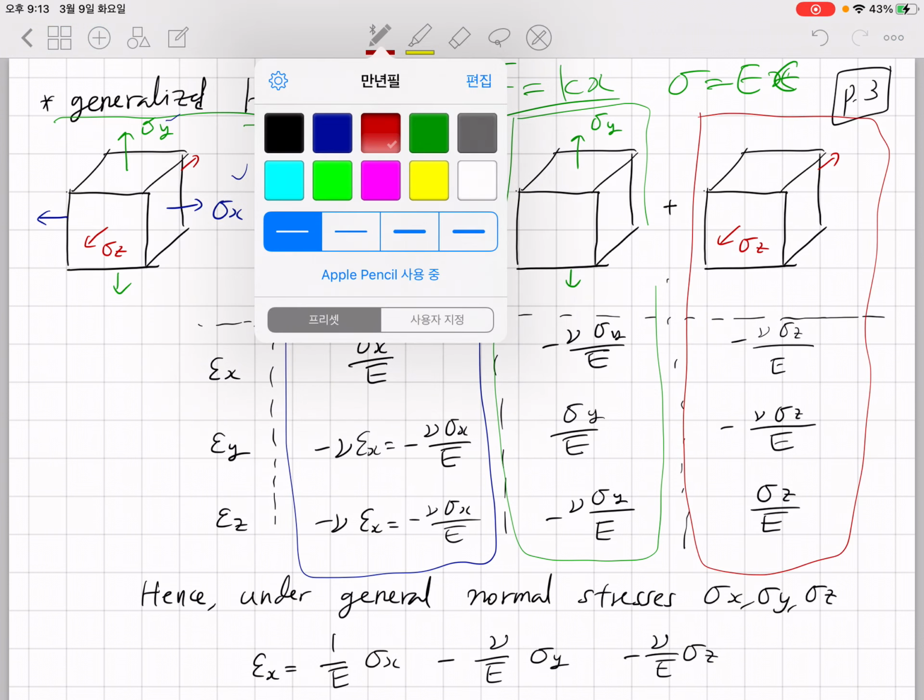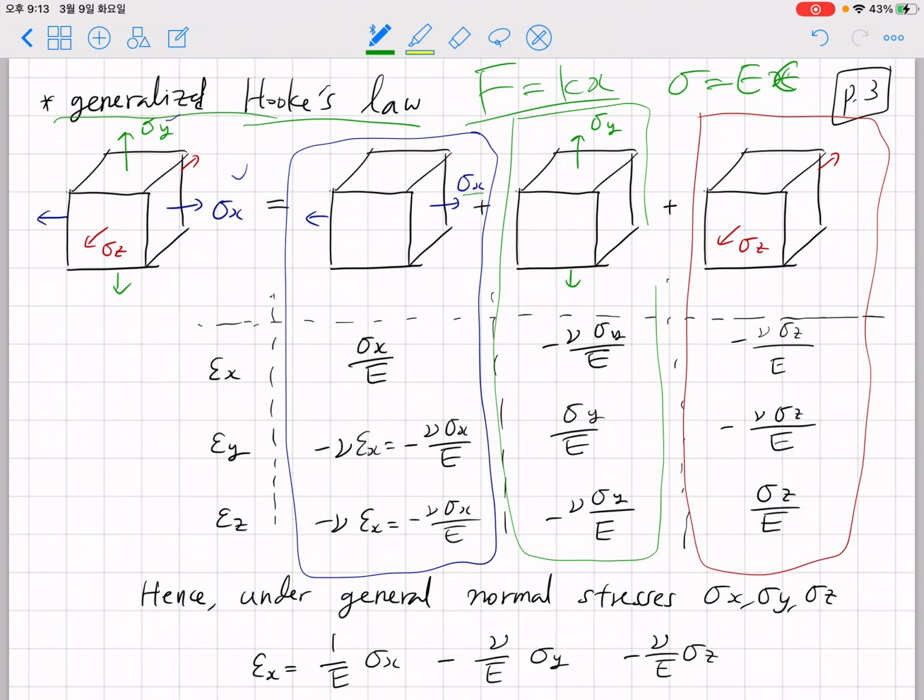Okay. So regarding just axial loading along the x direction, epsilon x is sigma x over E, and epsilon y and epsilon z must be minus nu epsilon x. So you can write down in this way the response for the y direction and z direction. Regarding sigma y, you have epsilon y in the same form.